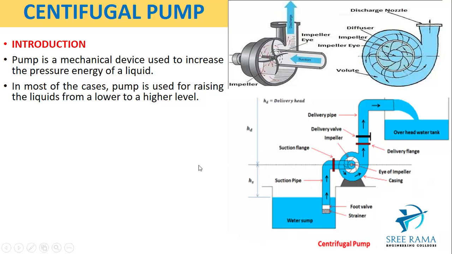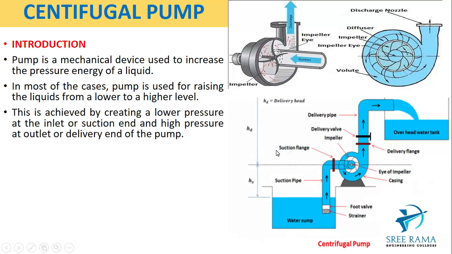The main component of the centrifugal pump is an impeller, that is the rotating element. Look at this diagram. This is called the impeller, the rotating element. As the impeller is rotated in the casing, negative pressure, that means lower pressure, is created in the lower portion of the pump and higher pressure is developed in the upper portion of the pump. So the impeller plays an important role.